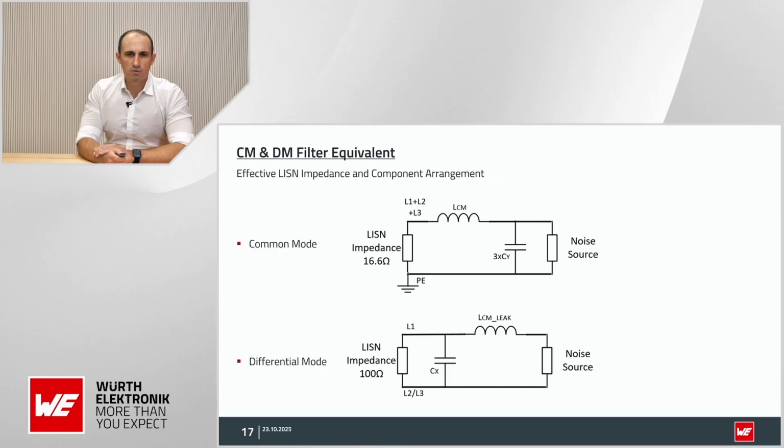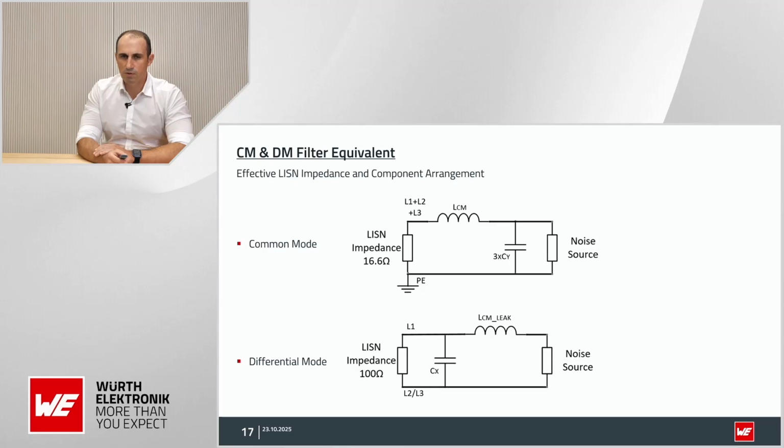All right, let's go to the filter structure. That's the most important point to understand. From a common mode point of view, we know the LISN impedance is 16.6 ohm on the left side, and the noise source impedance is your system. Usually, if it's not known by you, you can put there a range between 1 kilo ohm and 10 kilo ohm.